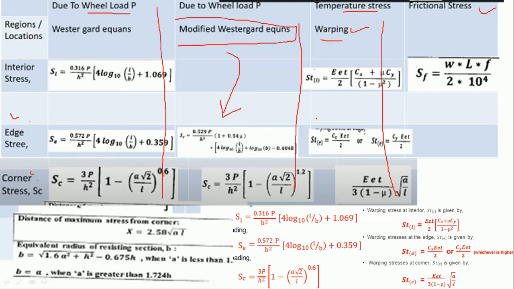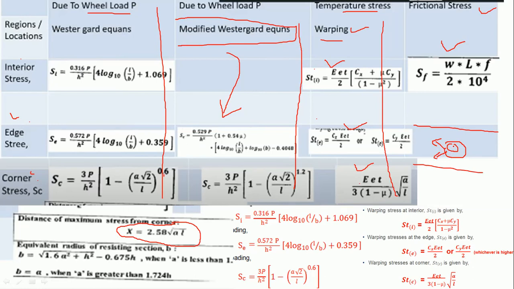It is given at the interior, edge as well as the corner. This is interior, this is edge and this is corner, and for frictional stress we have only one formula. It is the same formula we have seen, listed in the form of a table here, and this is the formula for the maximum stress from the corner. As I told you, when a wheel load acts on a pavement, the stresses are not developed exactly below the load, they are distributed radially.